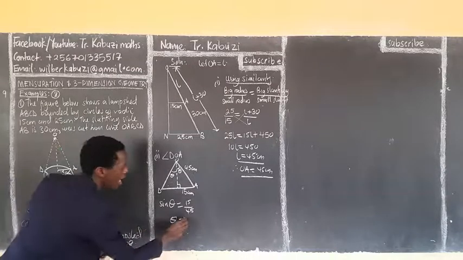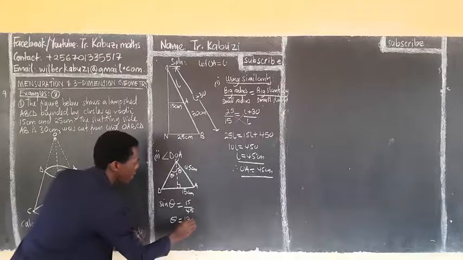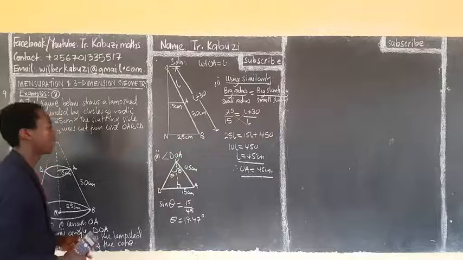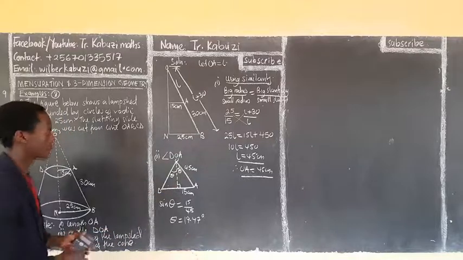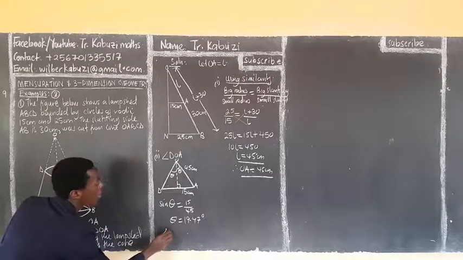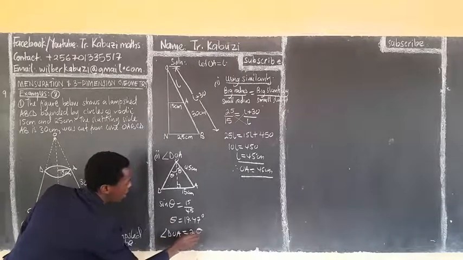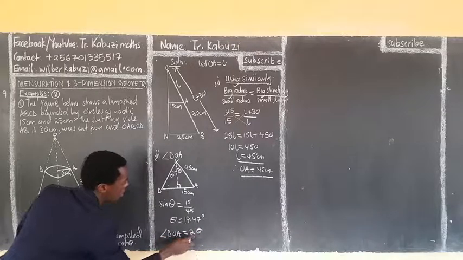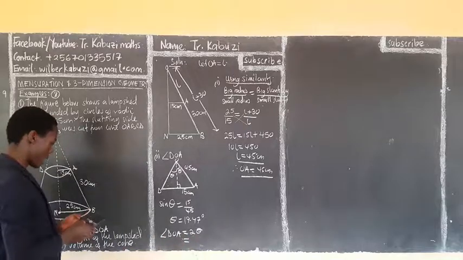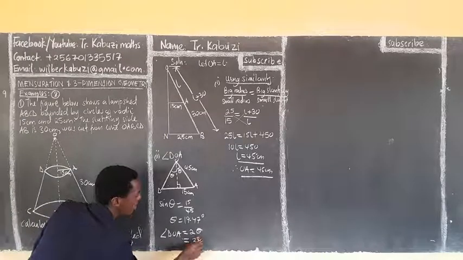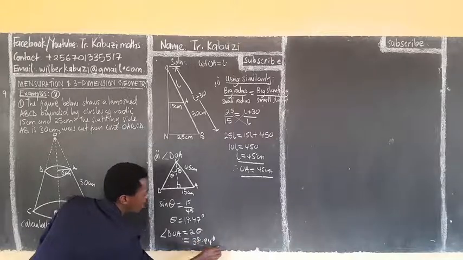Here I'm getting theta as 19.47 degrees. Now, our angle DOA is going to be 2 theta, so I multiply 19.47 by 2 and I get 38.94 degrees.